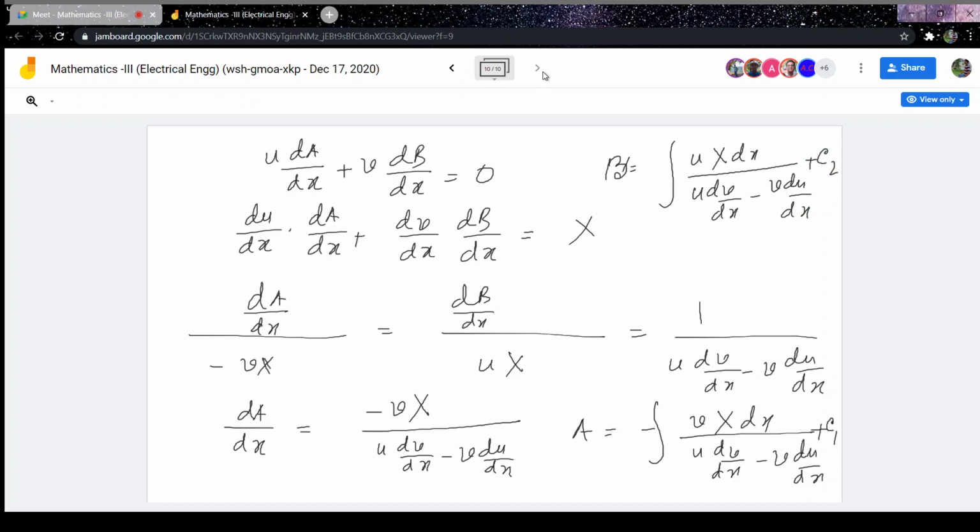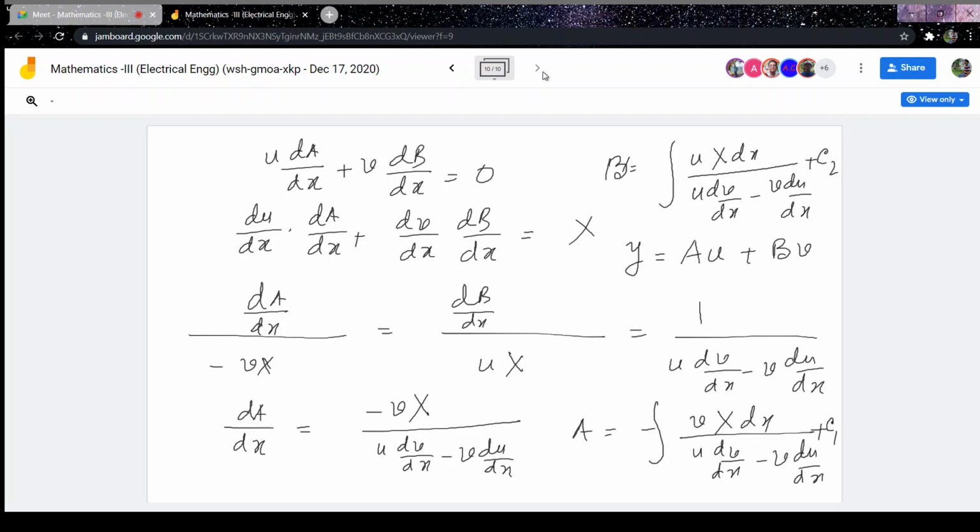So our complete solution will be AU plus BV, and since A contains one arbitrary constant and B contains one arbitrary constant, there are two arbitrary constants C1 and C2 in the solution of the second order differential equation. So this will be our complete solution.